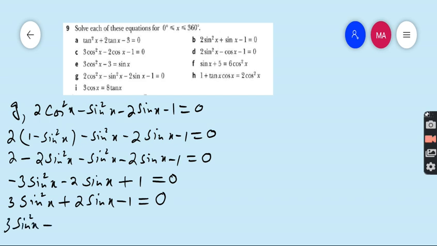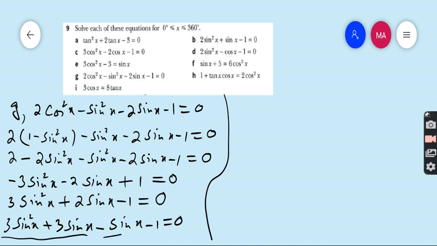Middle term break method. Now taking 3 sin x from the equation, from the first two we will have sin x plus 1, and taking minus 1 from the last two we will have sin x plus 1 is equal to 0.